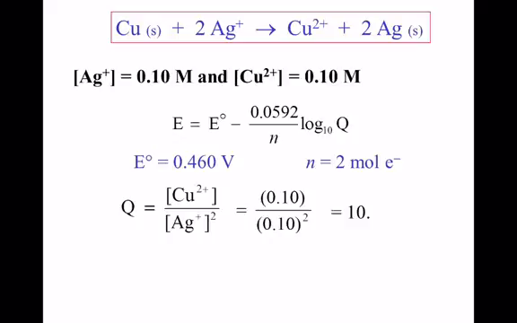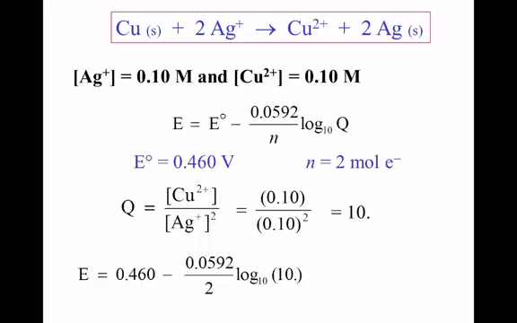So the value of 10, which is your QC, goes in there for your Q. Now we're ready to knock this out. The cell potential at non-standard conditions is equal to the cell potential at standard conditions, 0.460 volts, minus 0.0592 divided by 2 times the log of Q, which is 10.